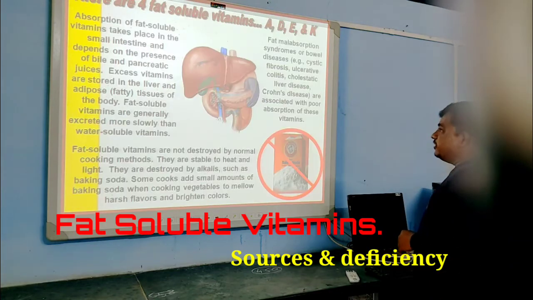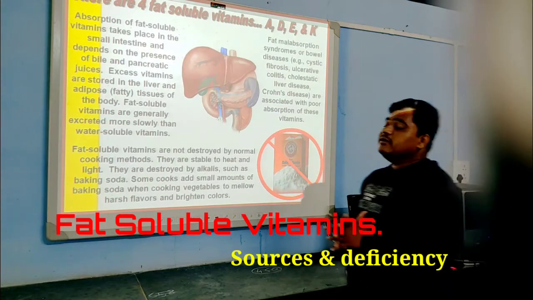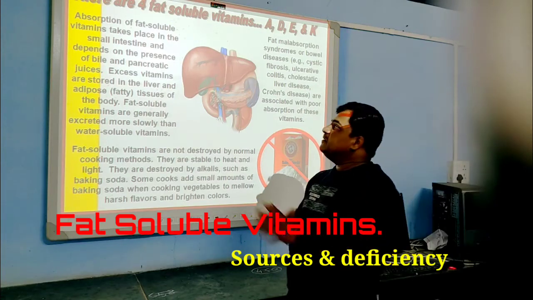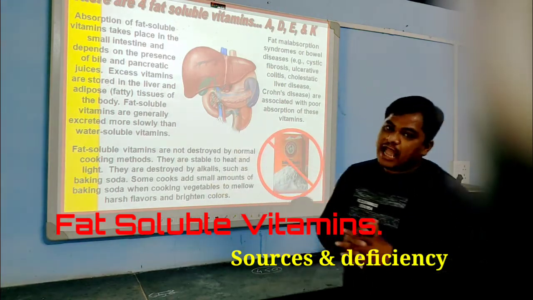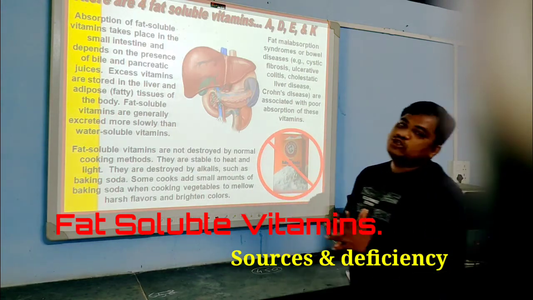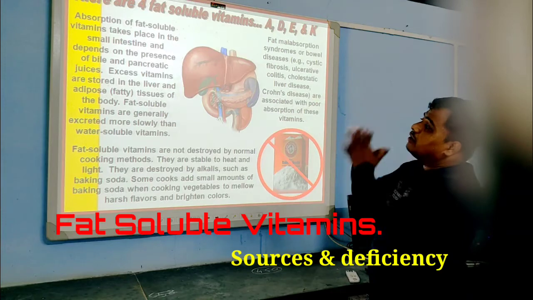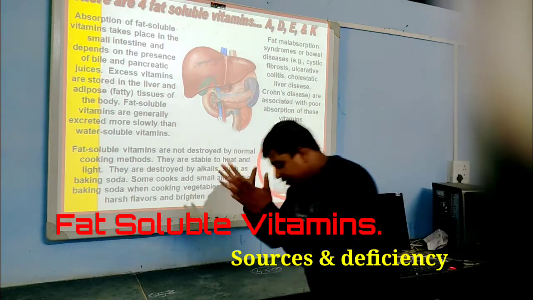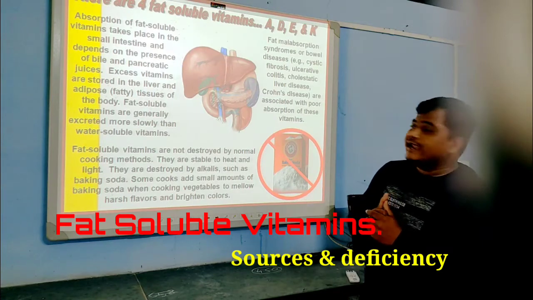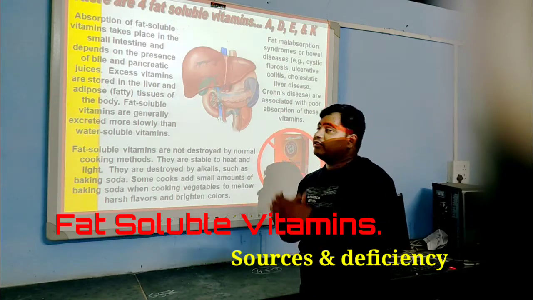Now see here, the absorption of the fat soluble vitamins takes place in the small intestine, and it depends on the presence of bile and the pancreatic juices. It requires bile and the pancreatic juices for this action.